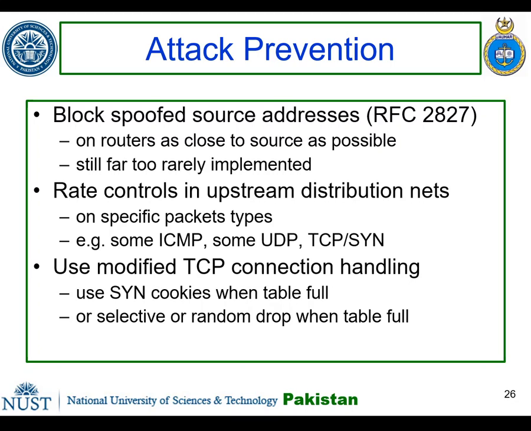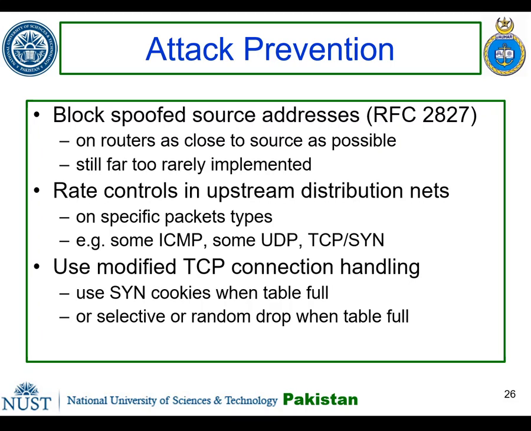This filtering needs to be done as close to the source as possible by routers or gateways knowing the valid address ranges of incoming packets. Typically, this is the ISP providing the network connection for an organization or home user.